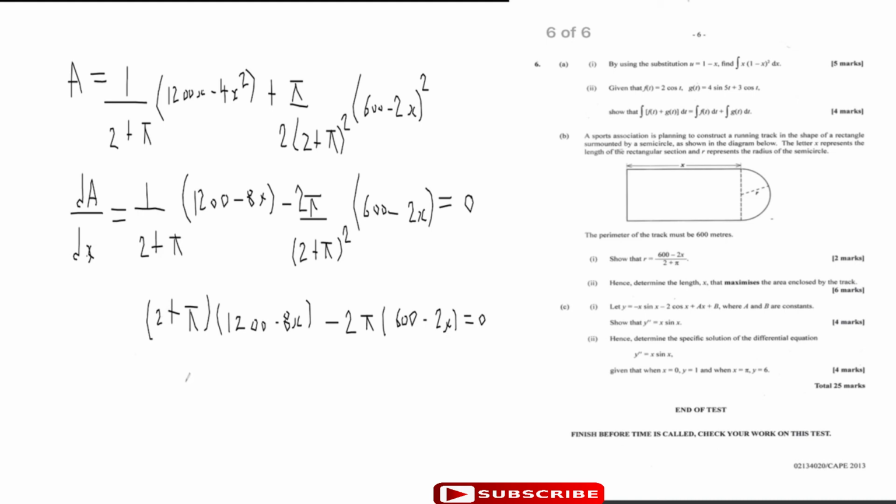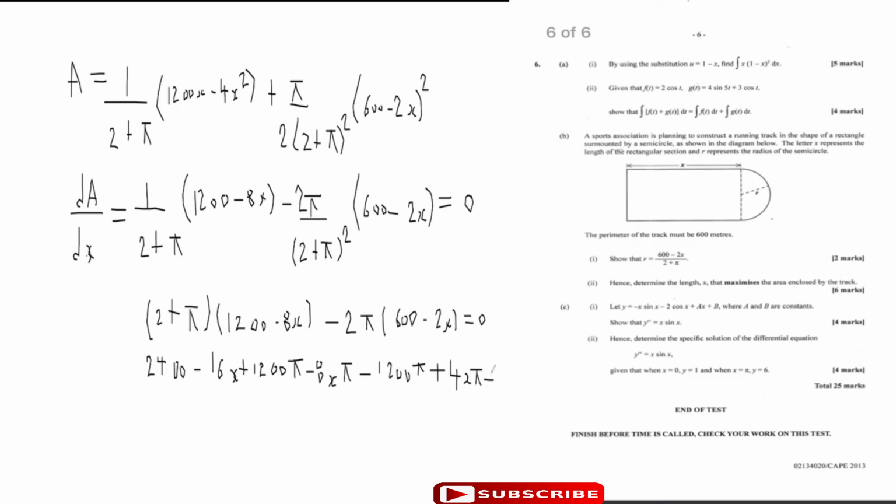Expanding them across. I'm going to get 2 times 1200 is 2400 minus 2 times 8x is minus 16x plus 1200 pi minus 8x pi minus 1200 pi, minus 4 minus and minus become plus, so it becomes plus 4x pi equals 0.